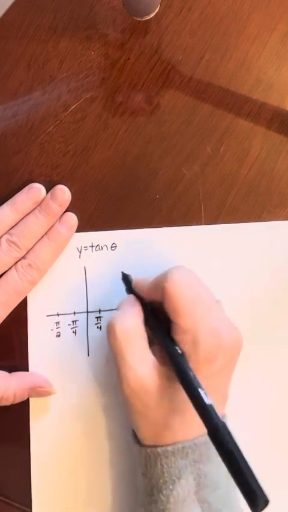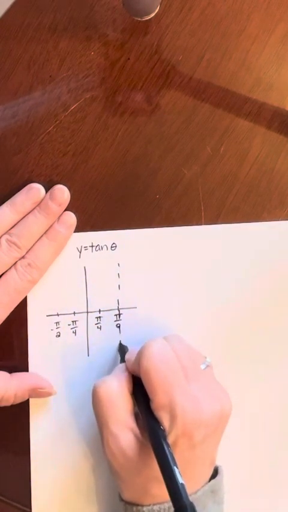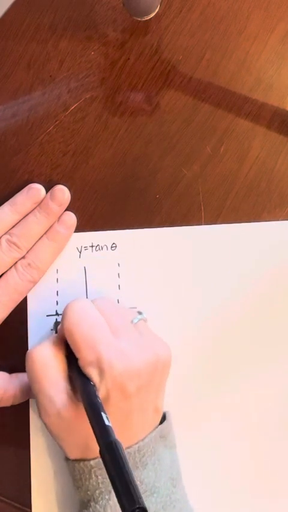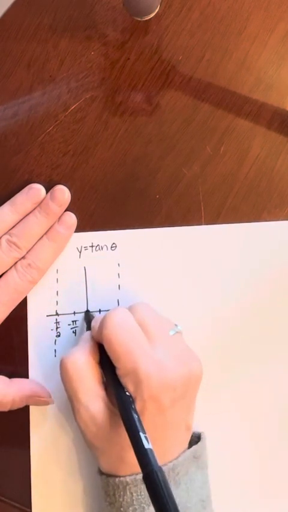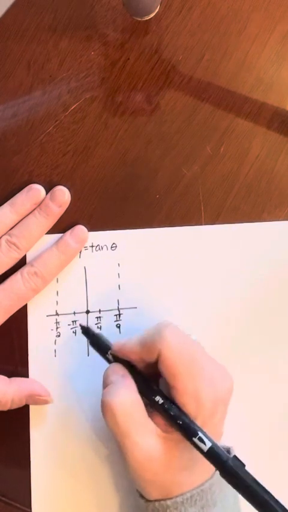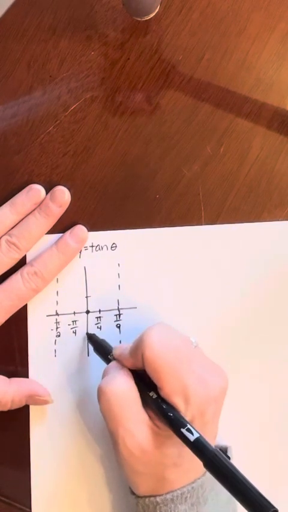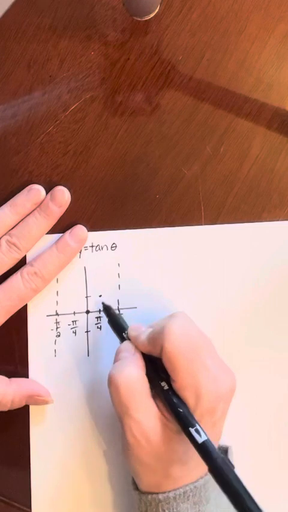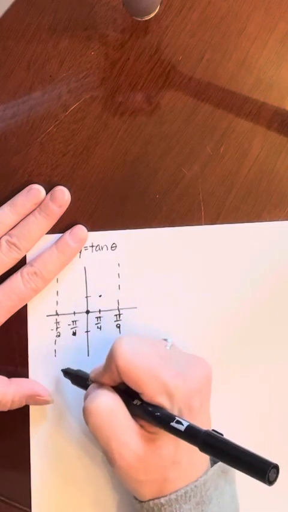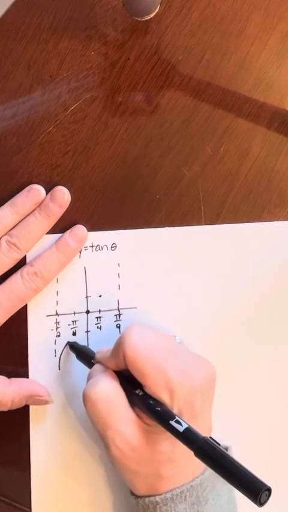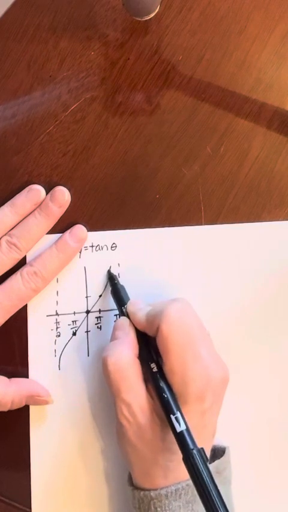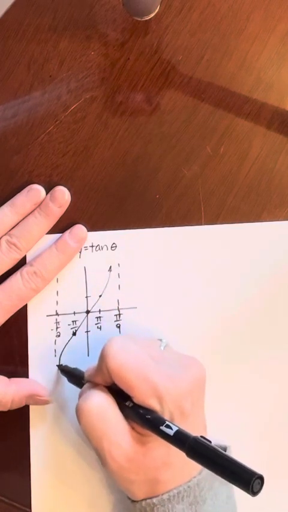And at those pi over 2's, it was undefined. But at 0, it's 0. And then at pi over 4 and negative pi over 4, that's your 1 and negative 1. So then we would graph like so. That was our tangent graph from Thursday.